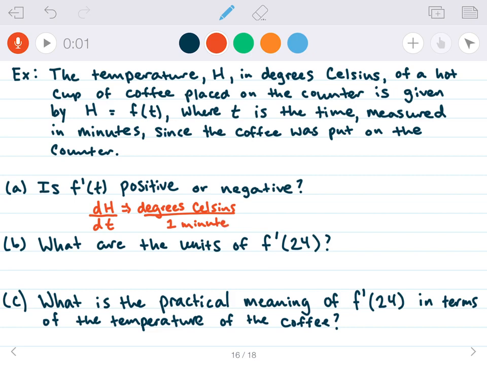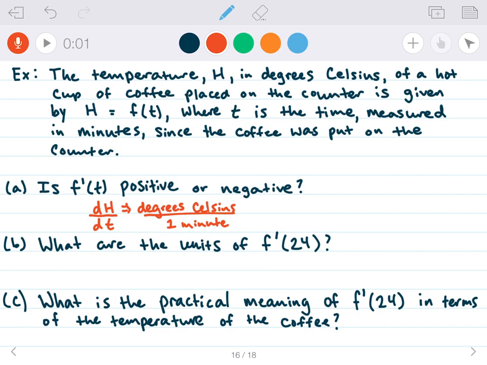And so the question is, is this positive or negative? The question is, when we put a cup of coffee on the counter, how is the temperature changing? Well, the temperature is obviously going to be going down because it's cooling.